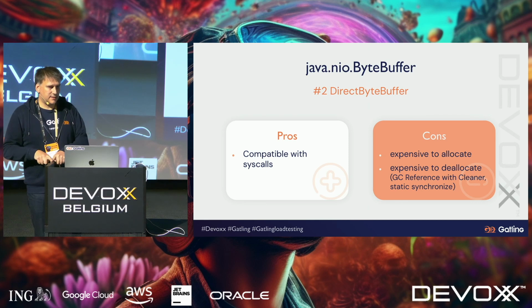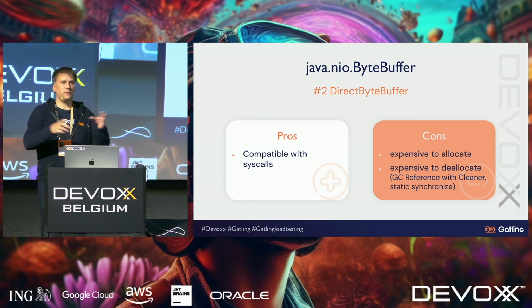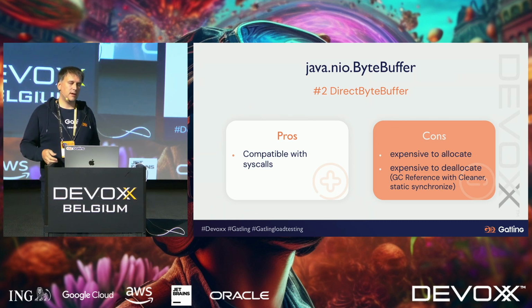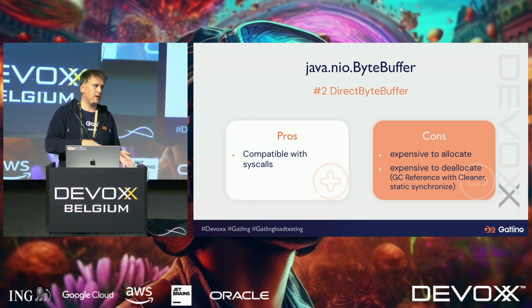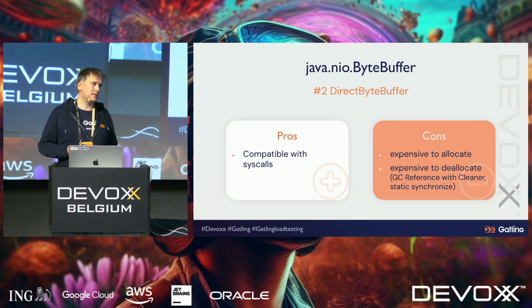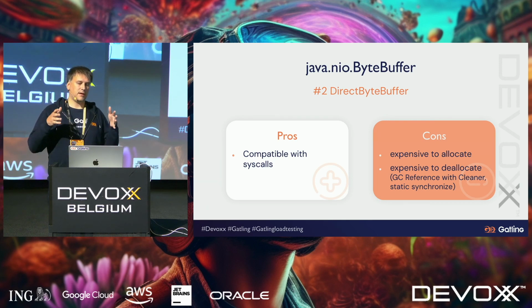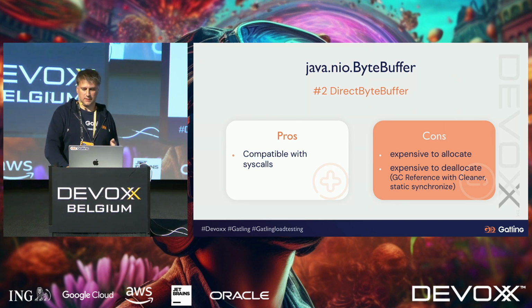And also, when you hit an allocation failure, because, for example, your memory is too fragmented or the GC hasn't collected the reference yet, NIO will trigger a garbage collection. But the method that will trigger the garbage collector is static synchronized. So it means that you're going to have a full stop the world for all your direct byte buffer allocations during this garbage collection.